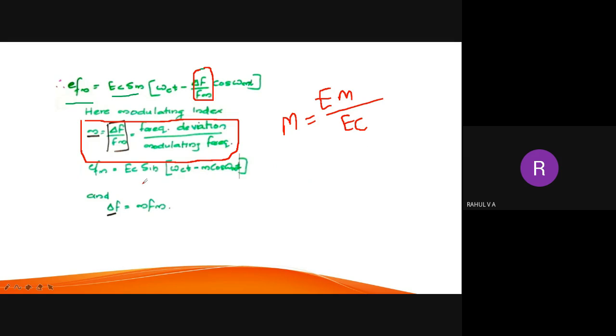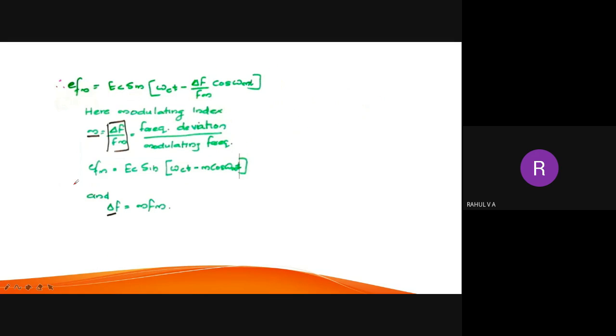And then in the end, instead of delta f divided by fm, they have substituted the modulation index m. So finally the expression has become EFM is equal to EC sine omega ct minus m cos omega mt. That is the final expression for frequency modulation.